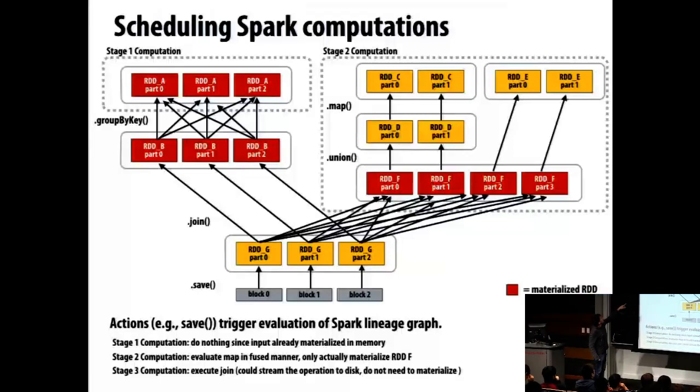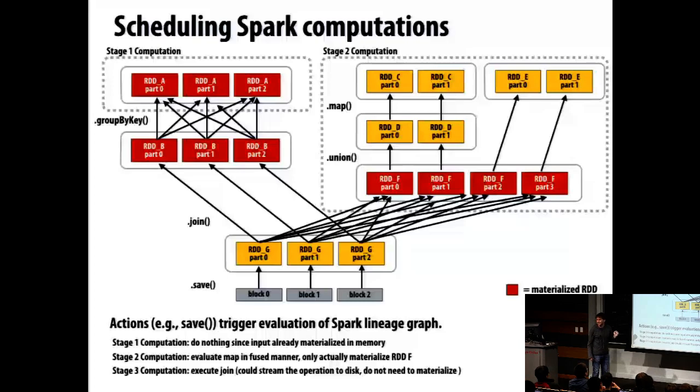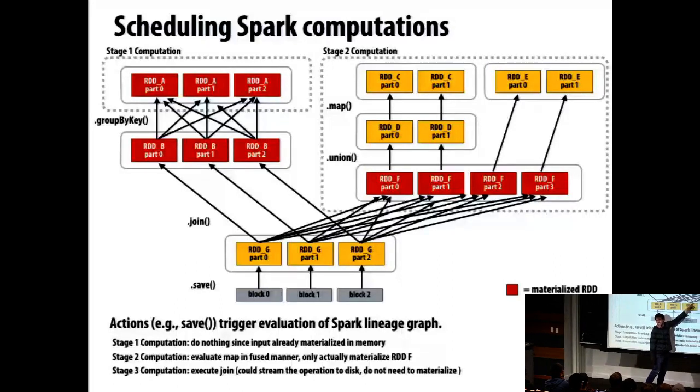So how are you going to schedule this thing? This is an interesting little problem that I would love to ask as an assignment next class, or next year. We need to produce RDDG partition 0. We certainly need to produce RDDB partition 0, and we need all of the partitions of F.